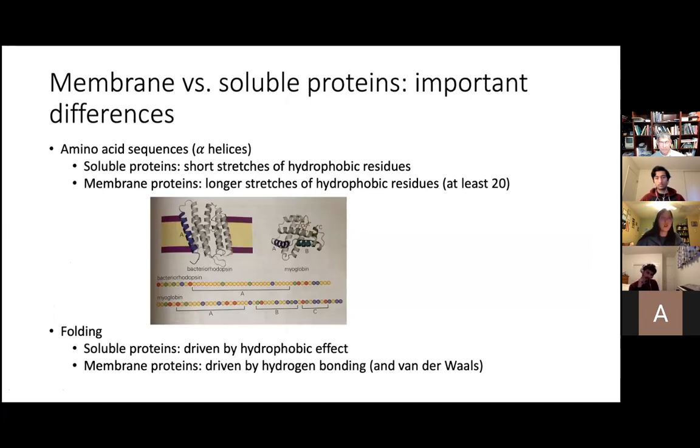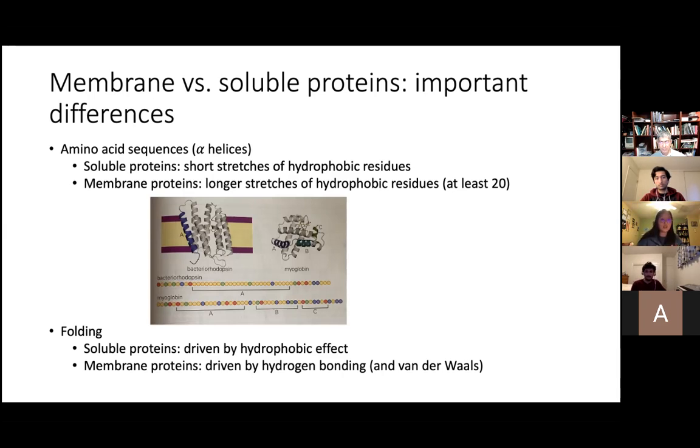There's almost always a question on the midterms or problem sets where it asks you to predict what location the alpha helix is in based on its amino acid sequence. Is it in a soluble environment or is it in a membrane environment?